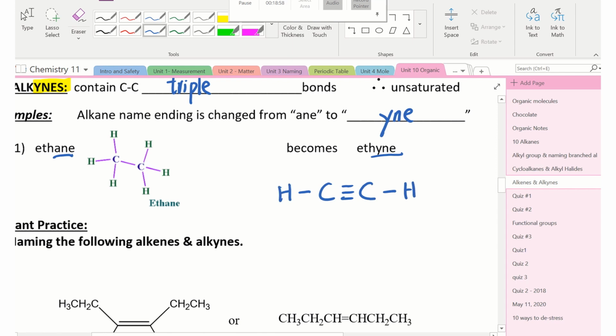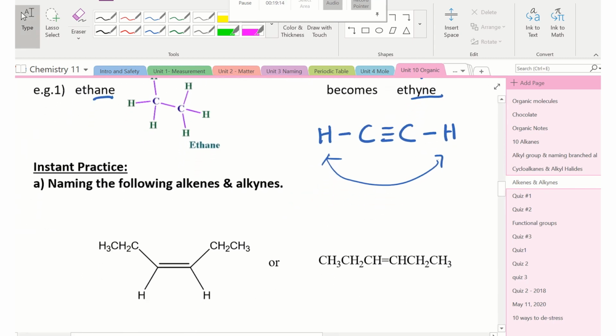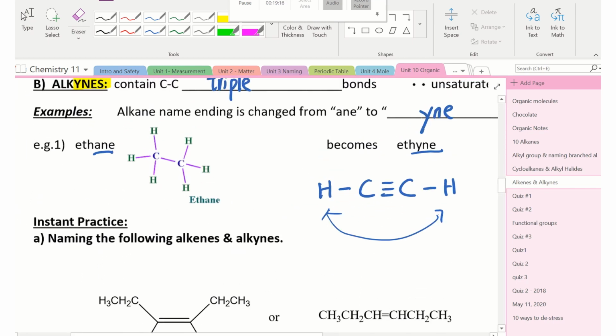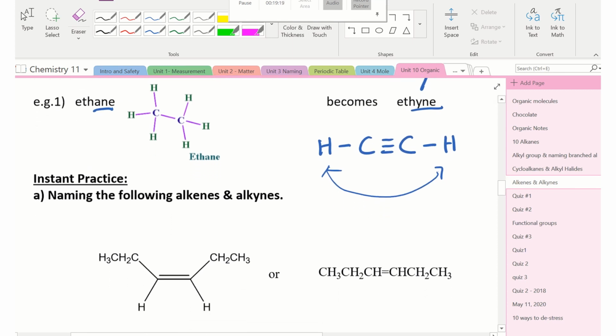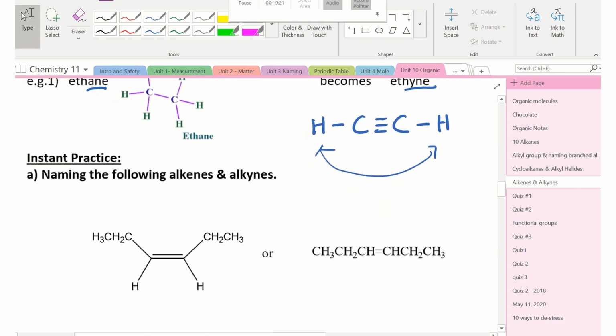It looks like a completely straight line, basically 180 degrees to each other, very rigid, and you cannot rotate it. So that's triple bonds, and now let's do some practice with both alkenes and alkynes.